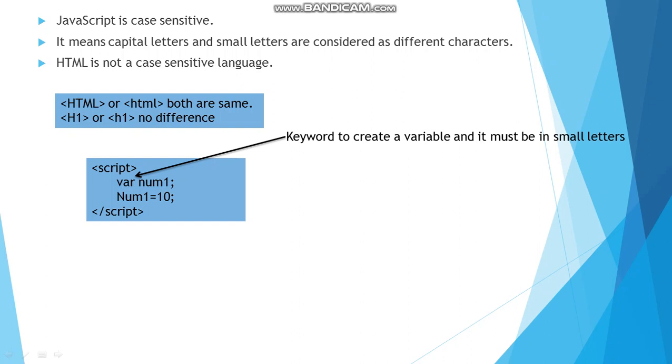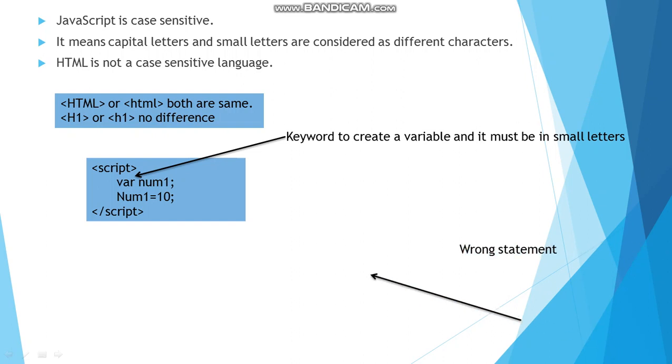Now num1 is the name of the variable and it is our own variable, so it doesn't matter how we give the name, either in capital or small, both are accepted. But remember, here we have given num1 in small letters, so we have to use it in small. So in the next statement it is given Num1 is equal to 10.